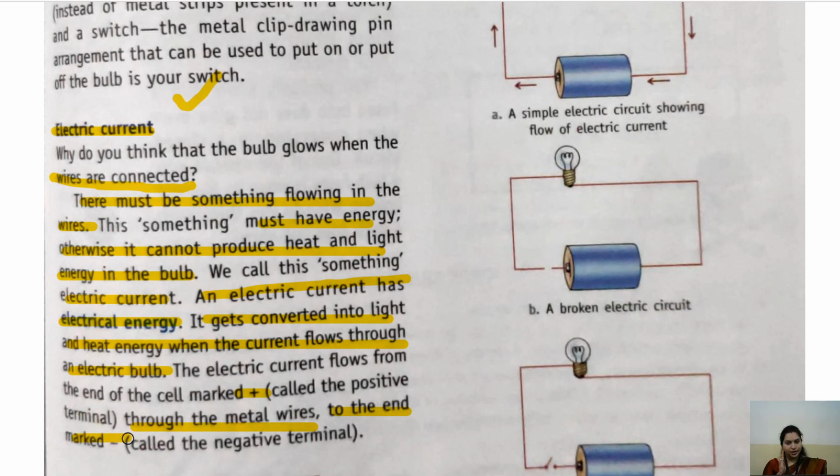Okay, जिस side flat disk होता है वो positive नहीं होता, वो क्या होता है? वो negative होता है. जिस side cell के metal cap होता है that is positive. जिस side flat disk होता है that is negative. So current will flow from positive to negative direction, that is from a metallic cap direction to a flat disk direction. Getting it? With the help of electric wire. Getting my point? So this is called electric current.